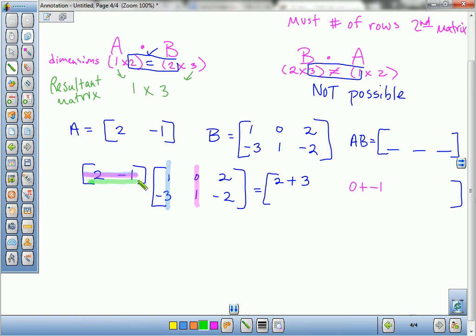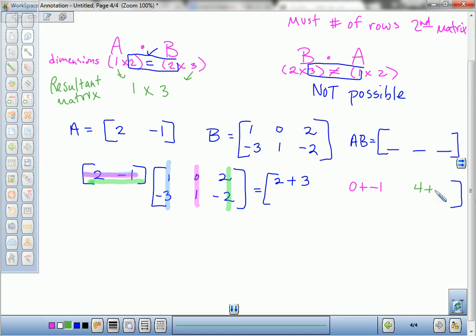Finally, we're going to do this row with this column. 2 times 2 is 4. Negative 1 times negative 2 is positive 2.